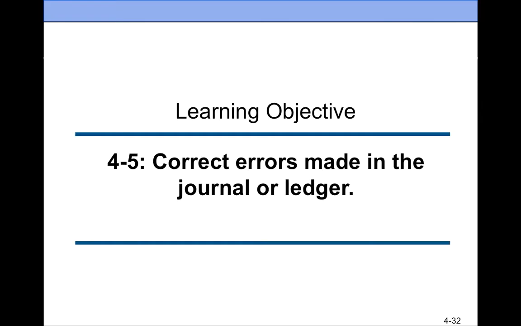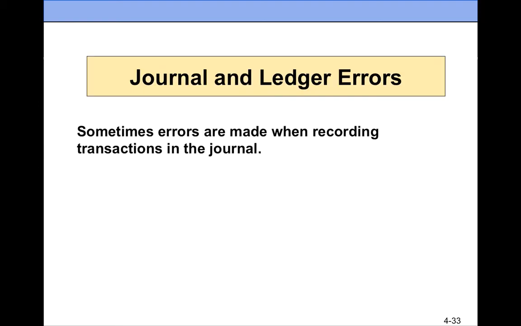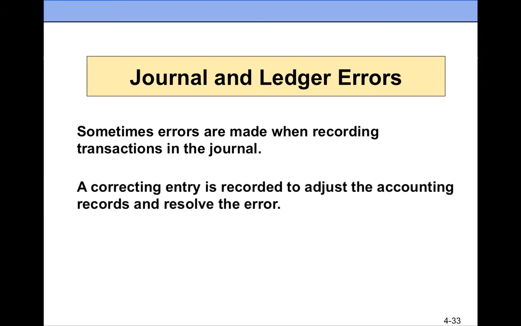Okay, the last objective, correct errors that we make in the journal or the ledger, which happens. Sometimes errors are made when we record transactions in the journal. We never erase. This is what you have to remember. You cannot delete if you're using a computer, or erase if you're using paper records. You have to record a correcting entry to adjust the accounting records and resolve the error.